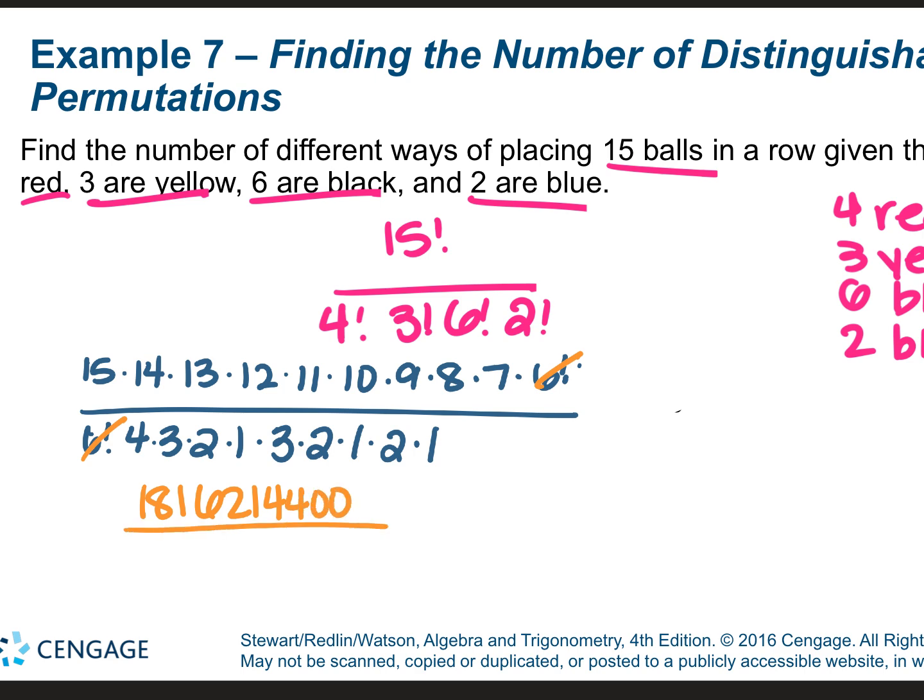On the bottom, you have 4 times 3 times 2 times 1 times 3 times 2 times 1 times 2 times 1, which is 288. If we divide this out, we should be left with 6,306,300.